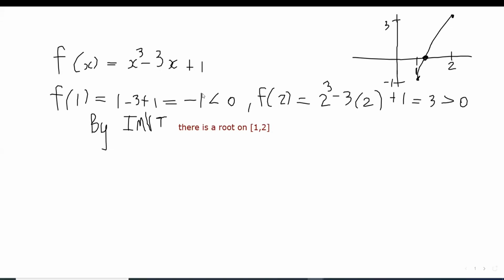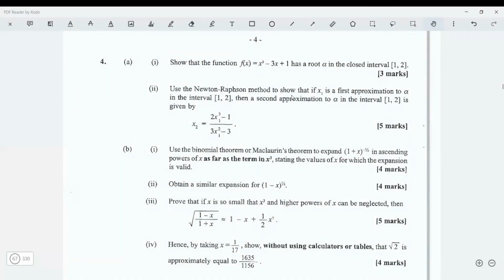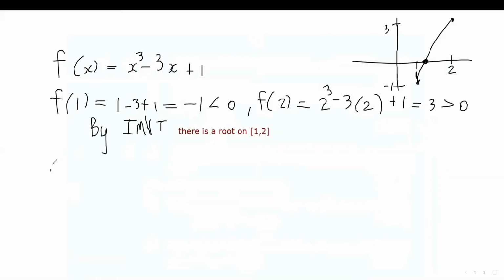The next thing they say now is use the Newton-Raphson method to show that if x1 is the first approximation in the interval, then the second approximation is this. So use the Newton-Raphson formula. Marika, this is the NR formula.